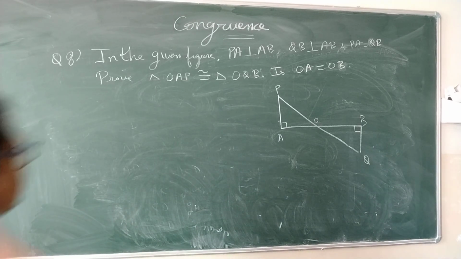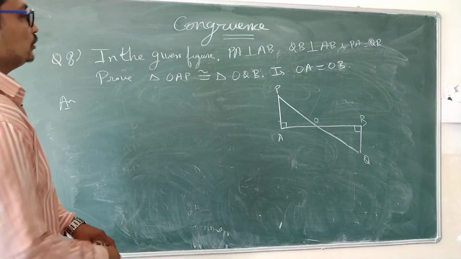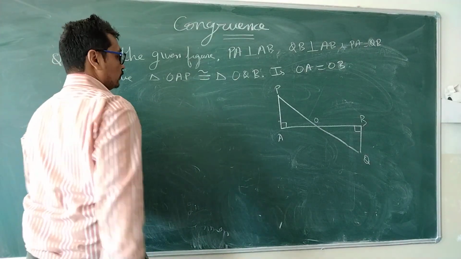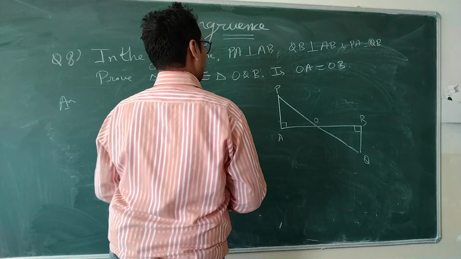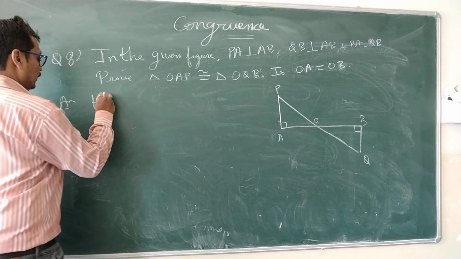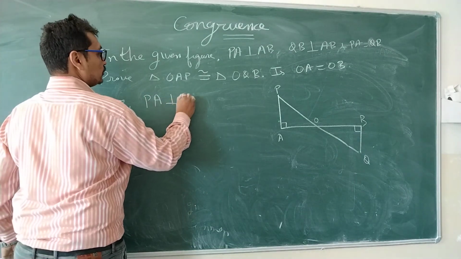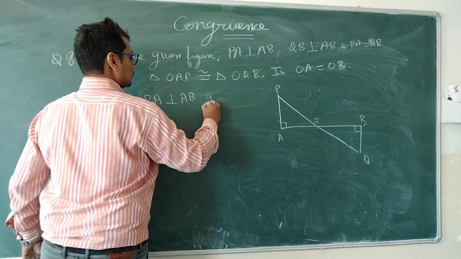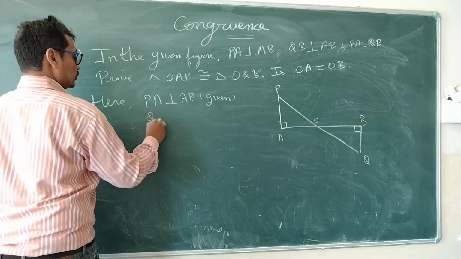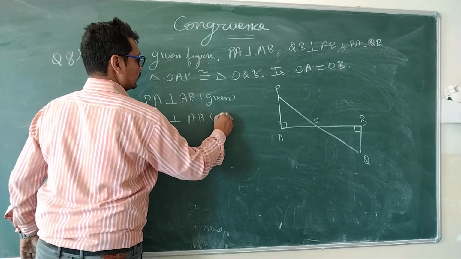In the given figure, PA is perpendicular to AB, QB is perpendicular to AB, PA is equal to QB. Prove triangle OAP is congruent to triangle OQB, and OA is equal to OB. Here, PA is perpendicular to AB, this is given. QB is perpendicular to AB, this is again given.